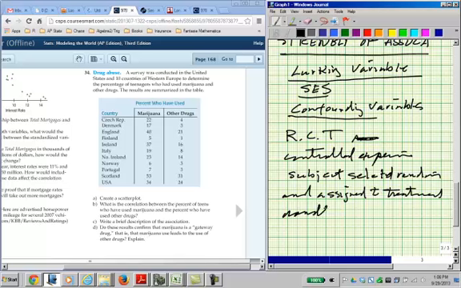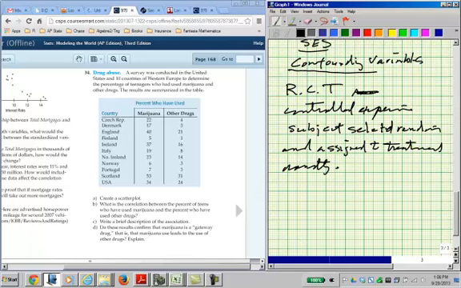Now, clearly, we cannot do a random controlled trial, an RCT, with drug users. It's illegal. It's inhuman. So, at this point, the only thing these statisticians can do is just point to correlation. Okay, so that's it for that problem.